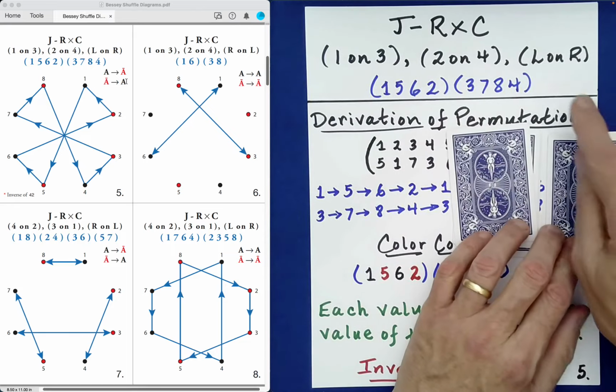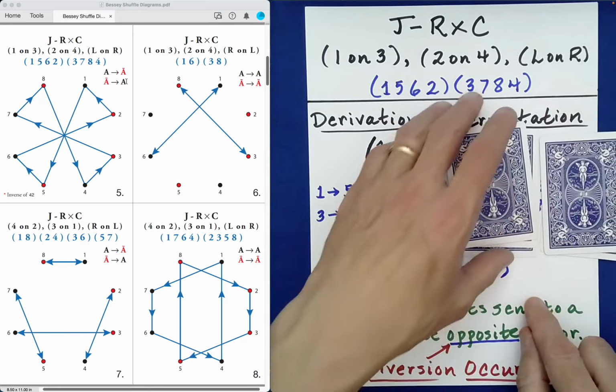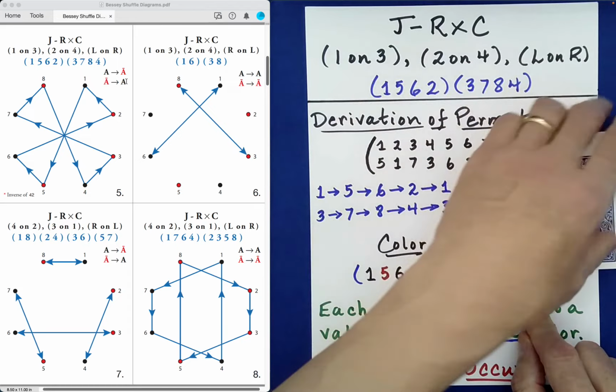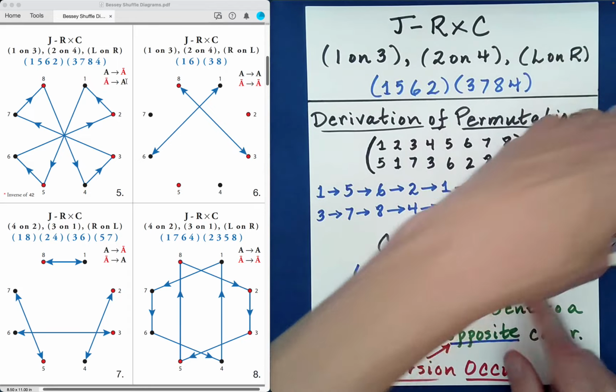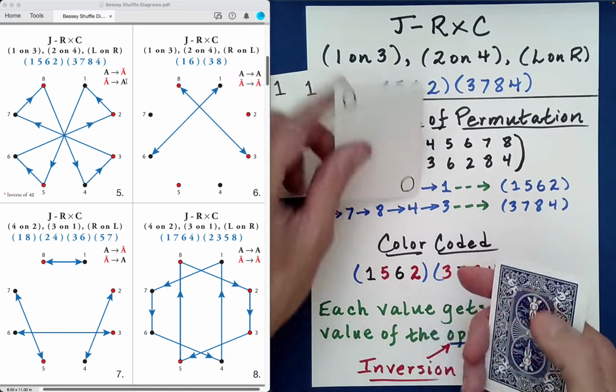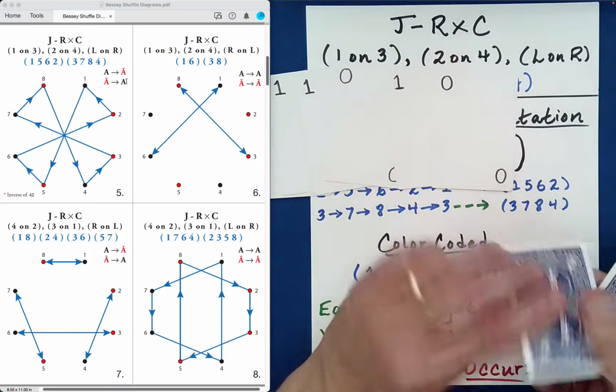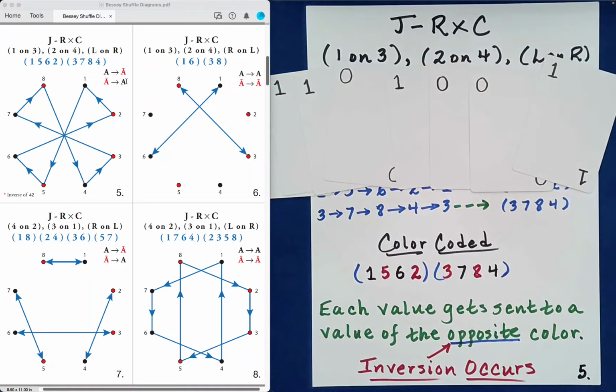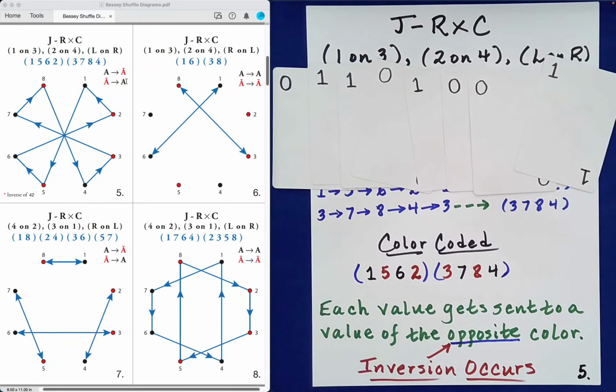And then in this particular shuffle, we're going to stack left on right. Okay? So the claim is we should now get 0, 1, 1, 0, 1, 0, 0, 1. Okay? So that is what we get. Inversion, in fact, occurred. So you may want to think about the practical value of knowing inversion occurred.